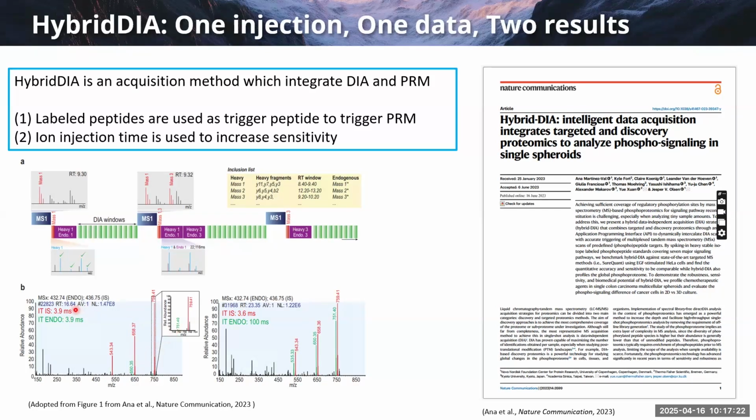At this time, the instrument will adjust the ion injection time automatically. By default, you only use around 4 milliseconds for these peptides, and the signal is not good enough. But the instrument can help optimize and increase the ion injection time, something like here. You almost use 100 milliseconds. You can see here the signal is higher. So this is one of the unique features of the hybrid DIA.